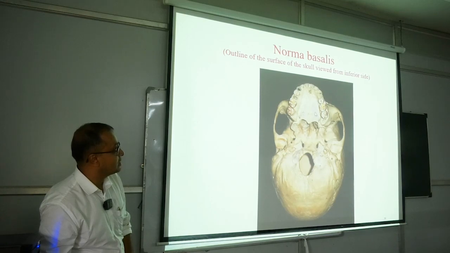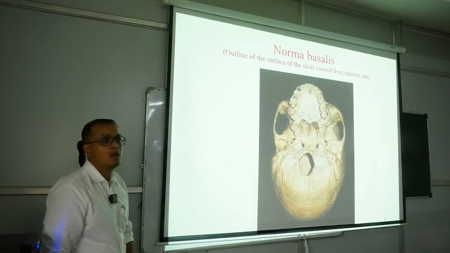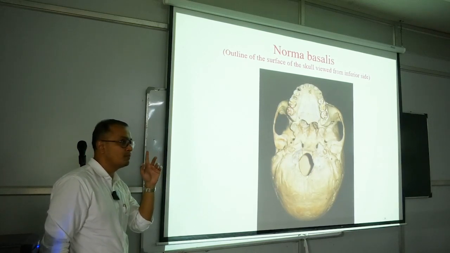This palatine bone has two parts or two halves, right half and left half, uniting there, and this part of the palate we call the hard palate. We feel with the tongue the part of the bone which is hard; that's the bony part.